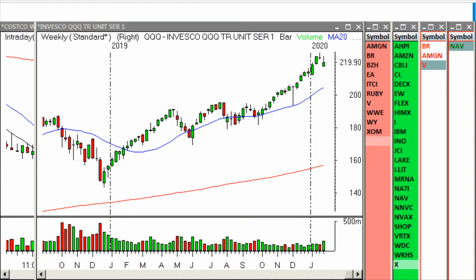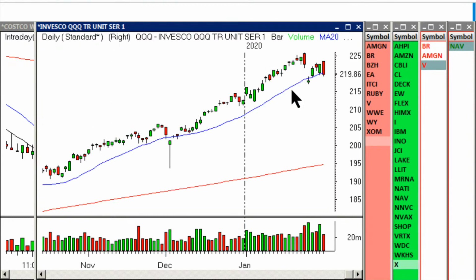Again, for next week, this should be the line in the sand. If we take out this week's low on the weekly chart of the Qs, we're almost 100% sure to be starting the pullback, basically to the rising 20 on the weekly. The coming few days are going to be key, because whether we break above today's wide range red bar or continue lower is going to be key.